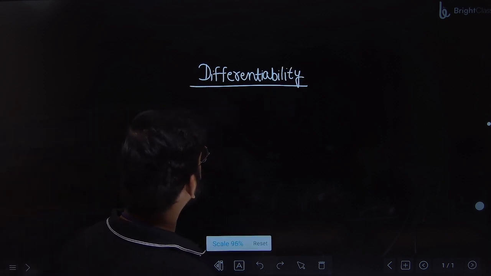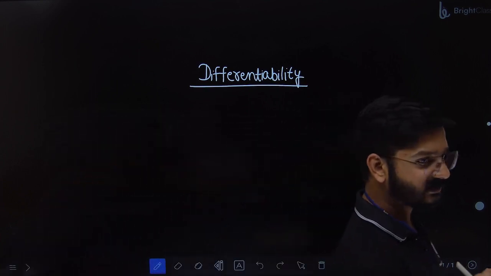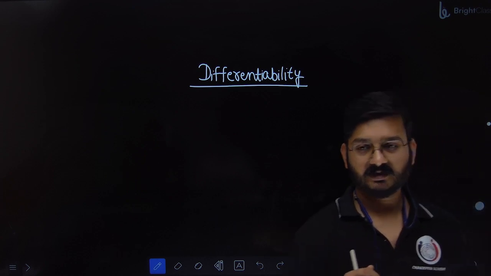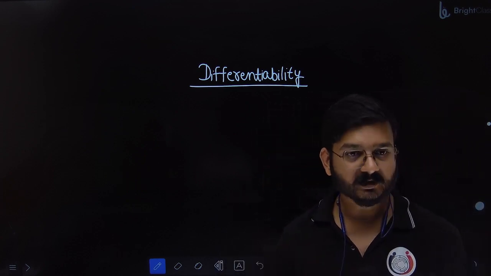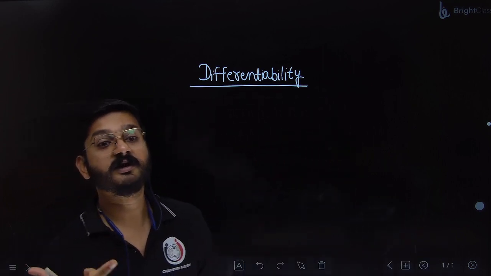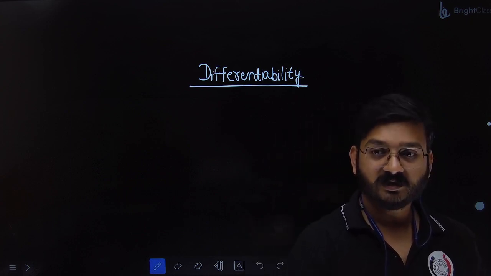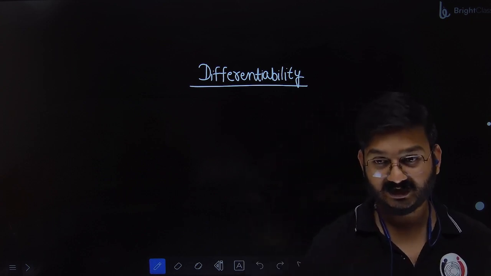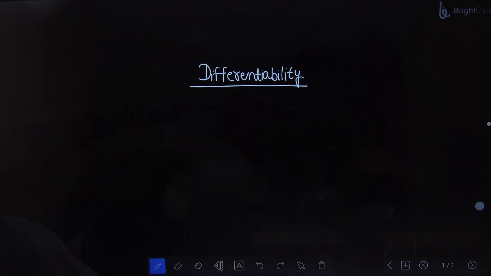So let's understand the meaning of differentiability. In simple words, differentiability means: is it possible to differentiate the function or not at a particular point? Check the differentiability of the function. Like we checked continuity and limit, right?